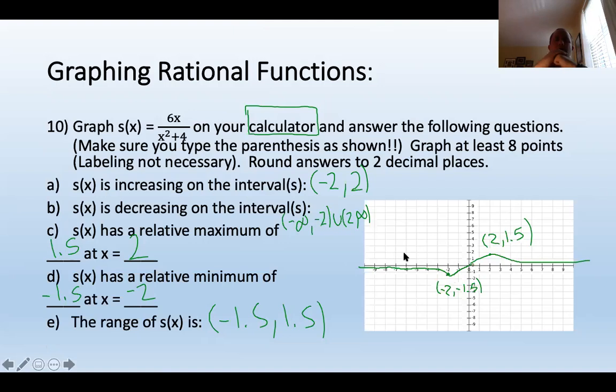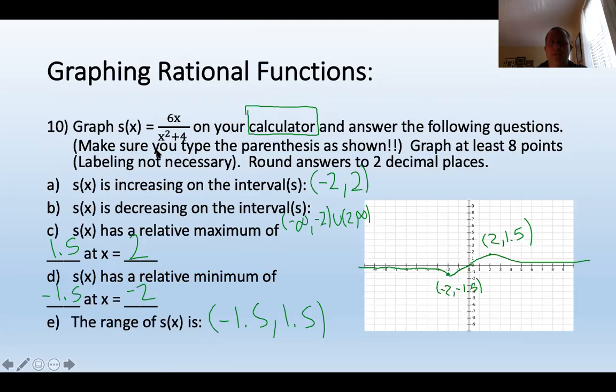Now, the way you're going to do that is first thing you'd want to do is graph this function on your calculator. And to find the relative maximum, you do second trace maximum, set a bound, make sure your cursor's to the left of the maximum, hit enter, move the cursor to the right of the maximum, hit enter, and then hit enter one more time to guess, and that'll give you the relative maximum of the function.